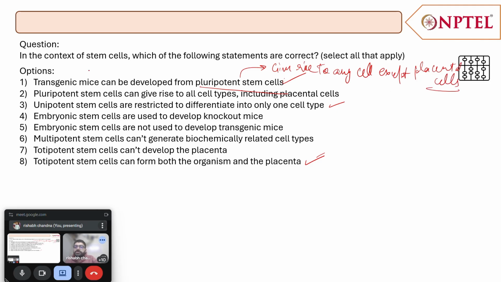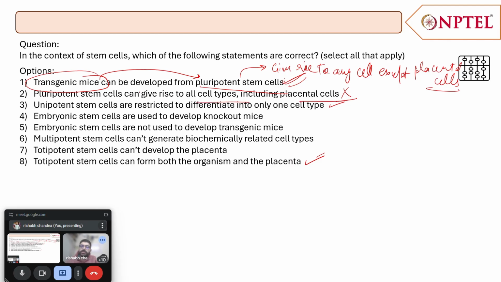So the transgenic mice are developed from the pluripotent stem cells itself. Yes, this is correct. The pluripotent stem cells can give rise to all cell types, including the placental cells. No, this is false. The pluripotent stem cells can give rise to all cell types except the placental cells.